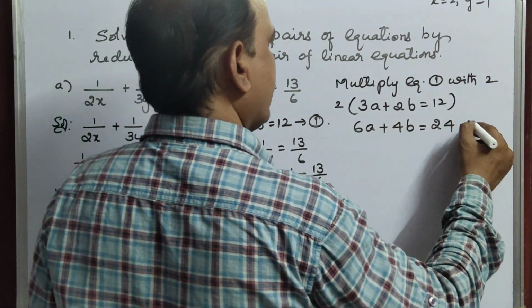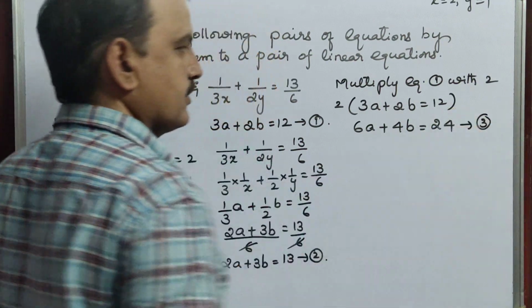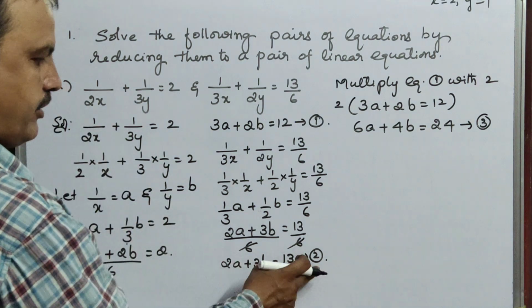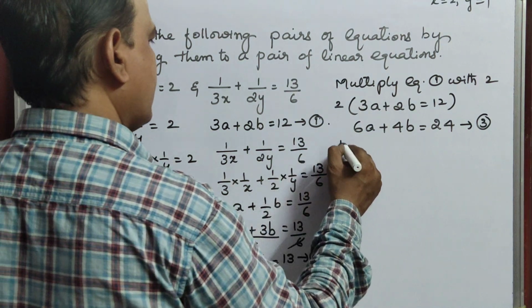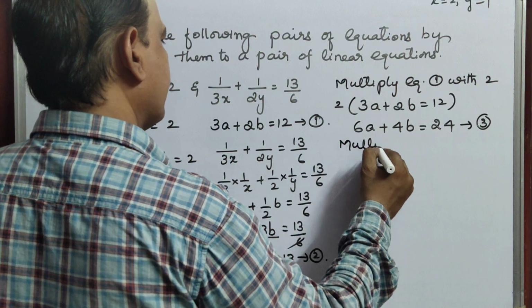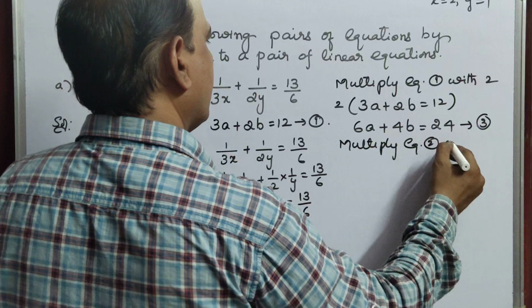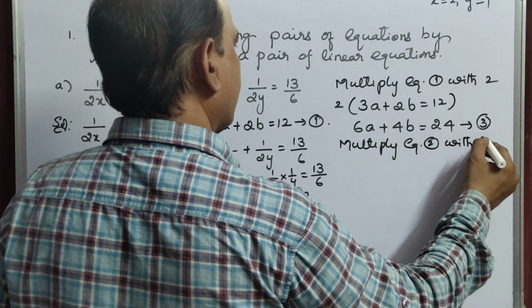Now this will be equation 3. Next, equation 2 with 3. That means multiply equation 2 with 3.